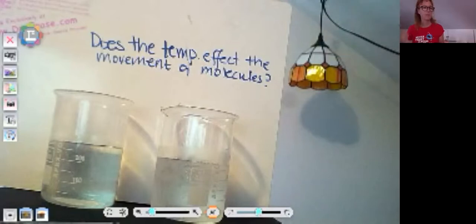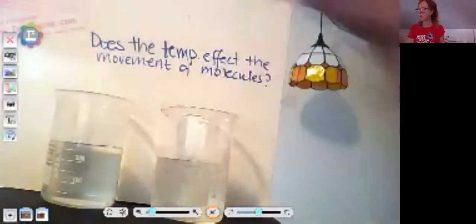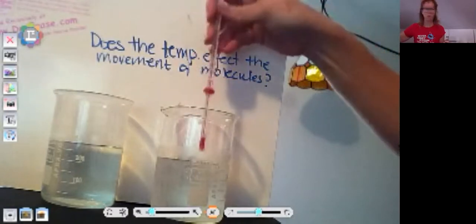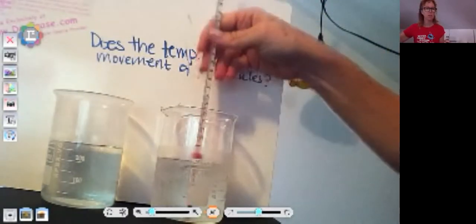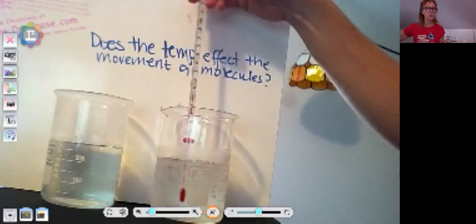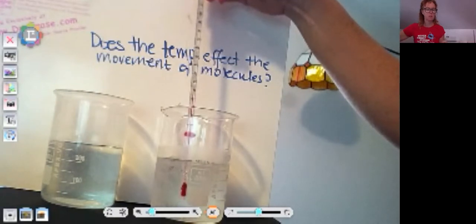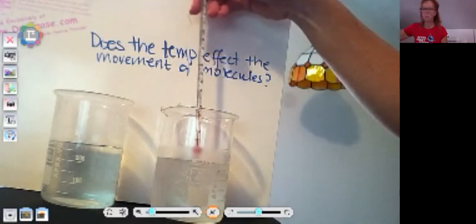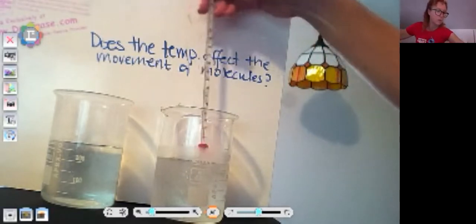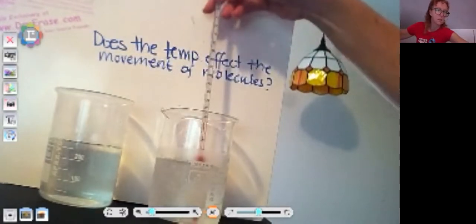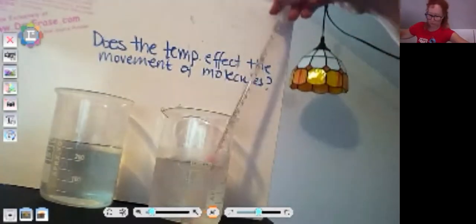Okay, the first thing we want to do is I have 2 beakers. I have one with ice water. We want to just look at the temperature here. We'll determine what the temperature is. Let's see if I can zoom this in a little bit for you so you can see, but it looks like it's getting pretty low there.